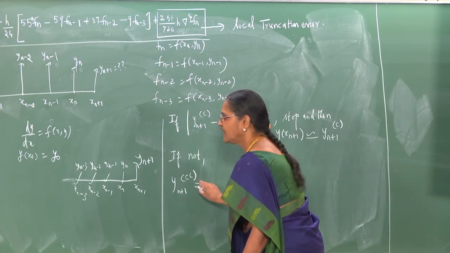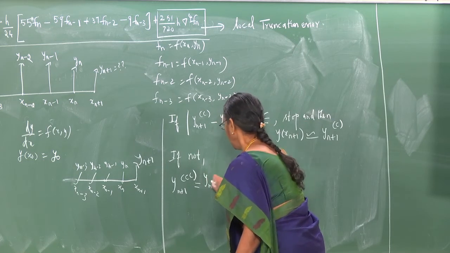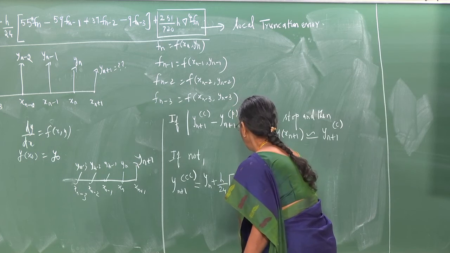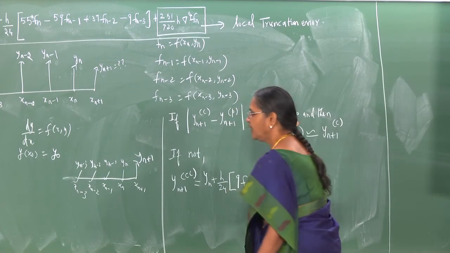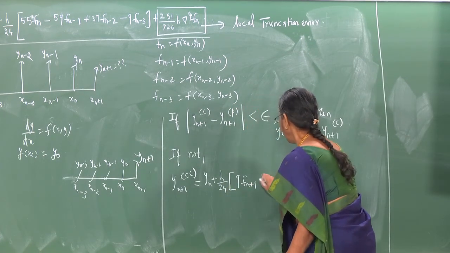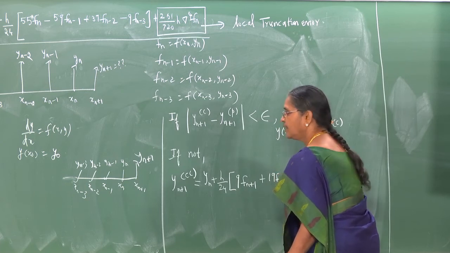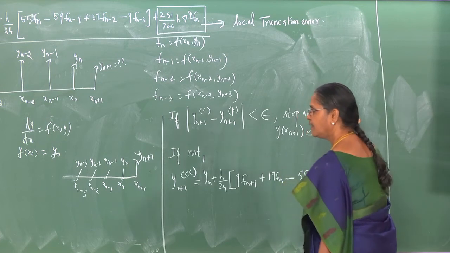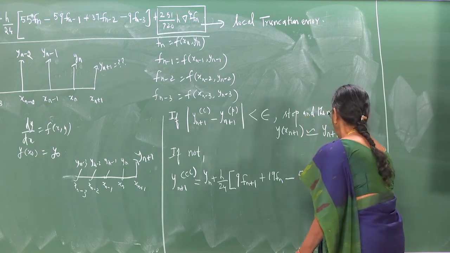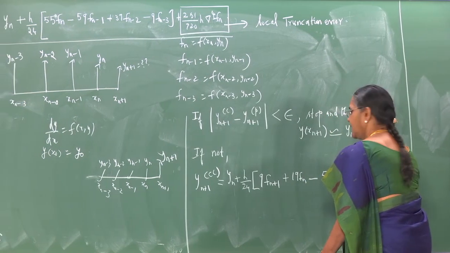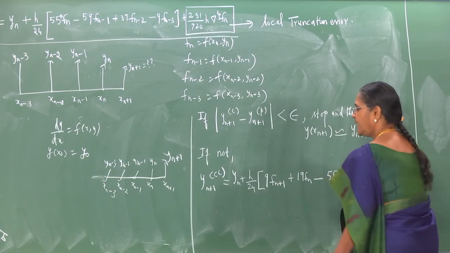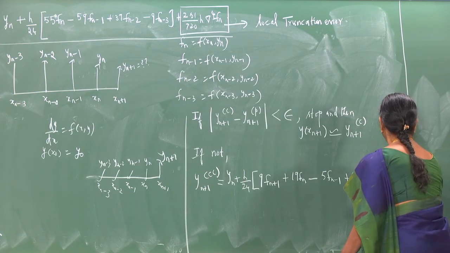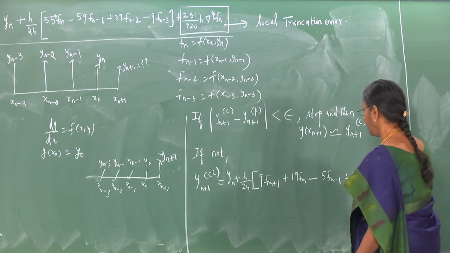The second corrected value is going to be yn plus h by 24 into 9 fn plus 1 plus 19 fn minus 5 fn minus 1 plus fn minus 2, plus the truncation error minus 19 by 720 h into del power 4 fn plus 1.